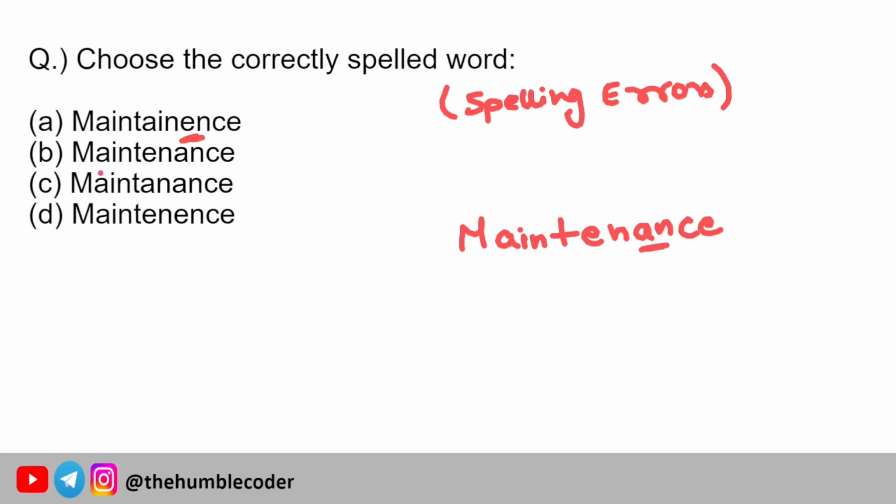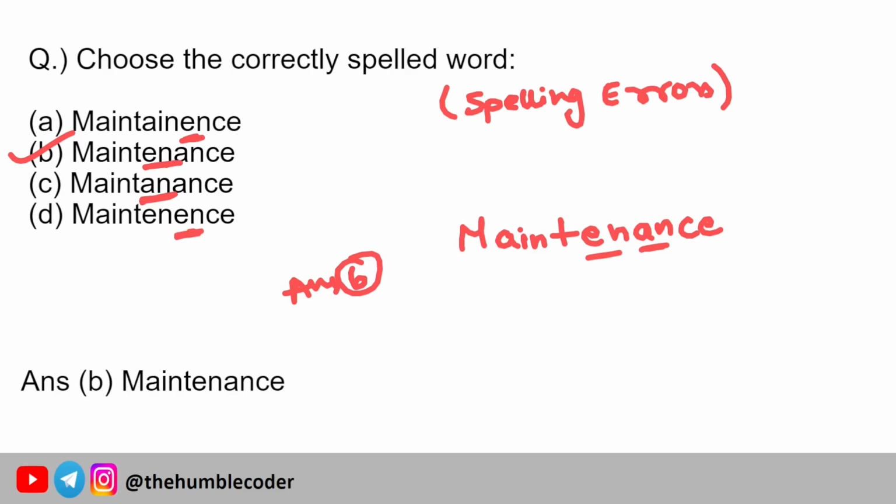This one is totally wrong because here we are using ten. No, sorry, this is the correct one because in ours also we have ten, right? So maintenance, the correct answer is option B. In option C it was again EN, because in our case it was AN. So the correct answer is maintenance, option B.